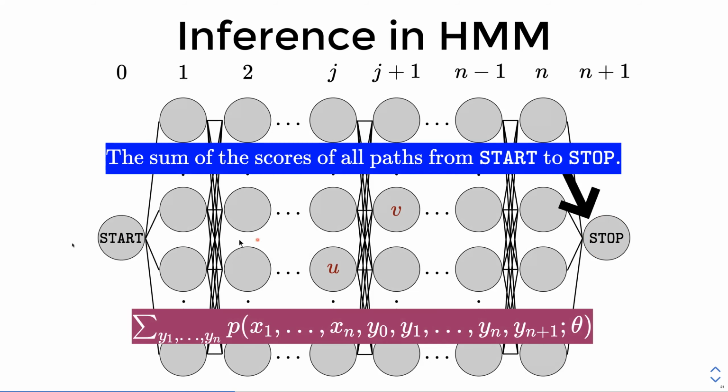There are exponentially many possible paths connecting start and stop, so what's stored inside this node is the sum of the scores of all the paths. Previously in Viterbi, it's the score of a single most probable path. Now you are replacing the max with a summation, considering the sum of all the paths. That's a very nice interpretation of the score for the alpha.